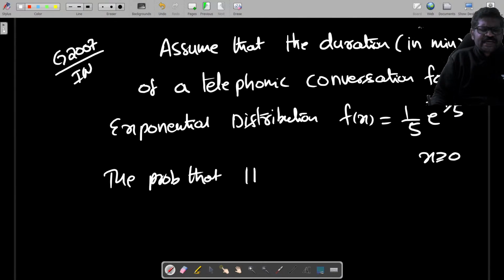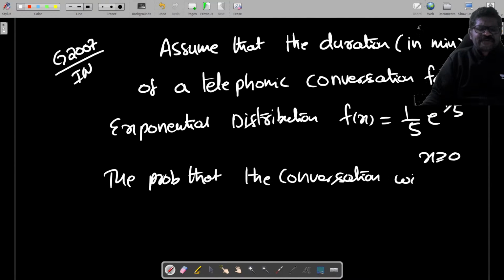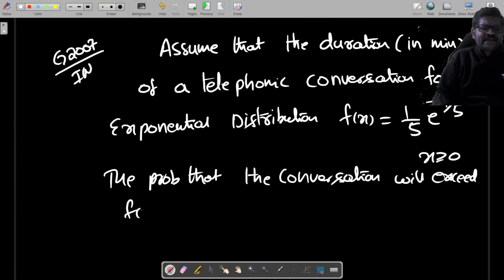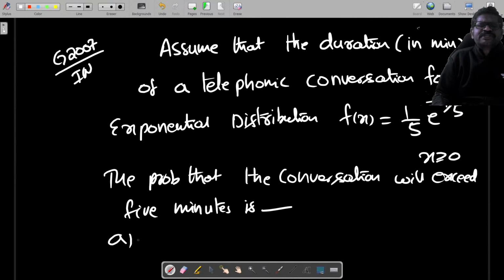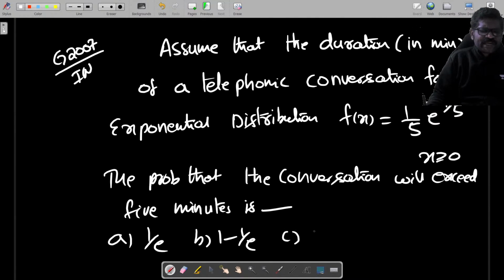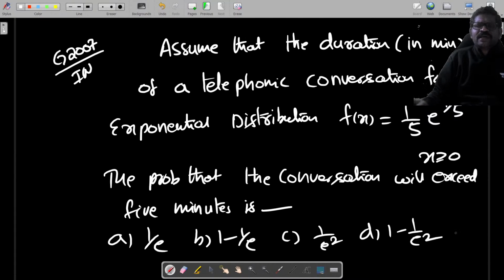The probability that the conversation will exceed 5 minutes is: option A, 1 by e; option B, 1 minus 1 by e; option C, 1 by e square; option D, 1 minus 1 by e square.